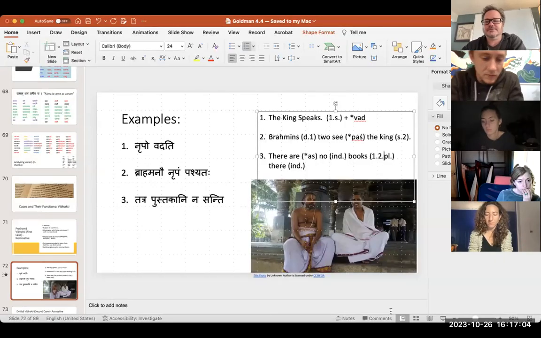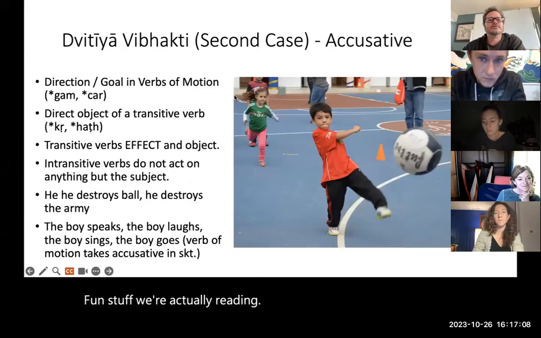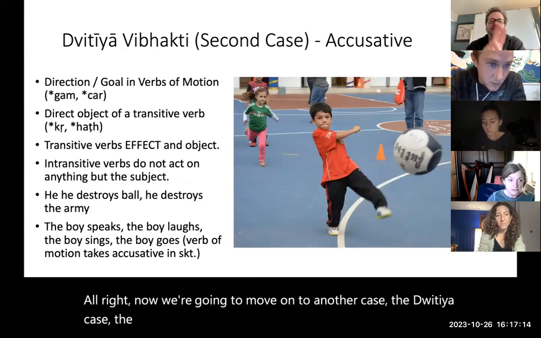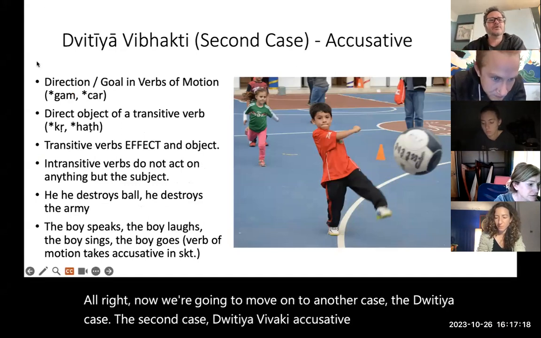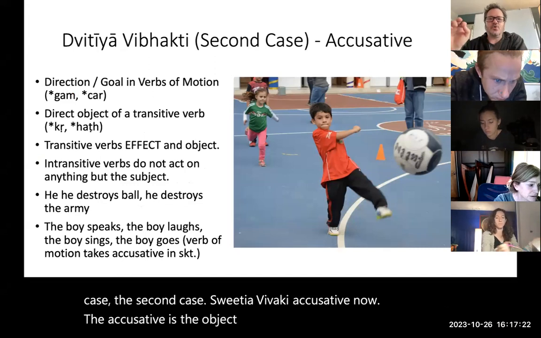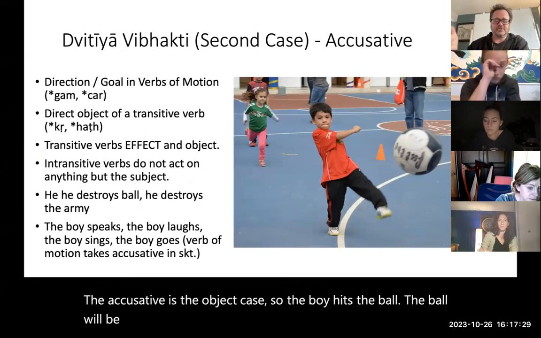All right, now we're back here. We've got some more examples. This is the fun stuff. We're actually reading. All right, now we're going to move on to another case, the dvitiya case, the second case, dvitiya vibhaktihi, accusative. Now, the accusative is the object case. So the boy hits the ball. The ball will be in the accusative case.